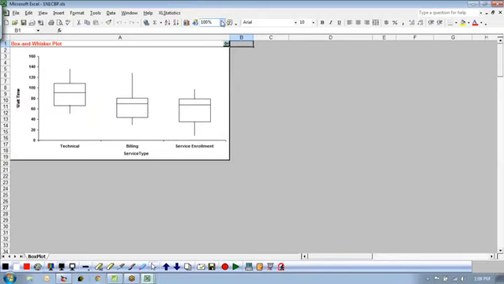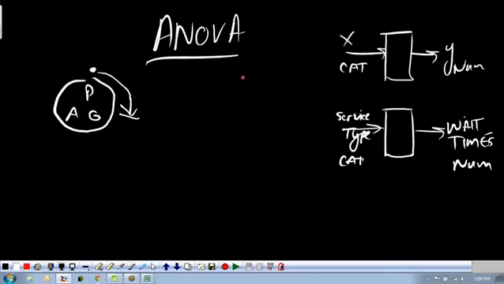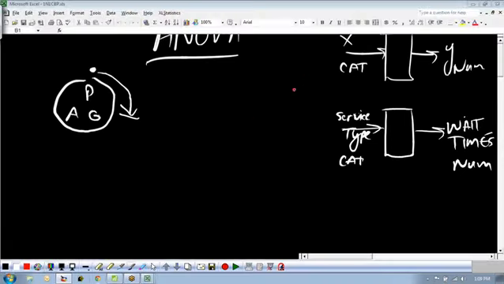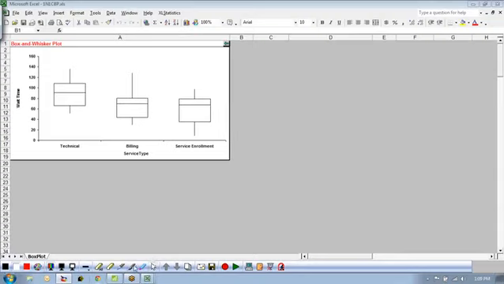Remember, the idea was we applied two tests. Whenever we have a numerical output, like we do here, we're going to apply two tests.